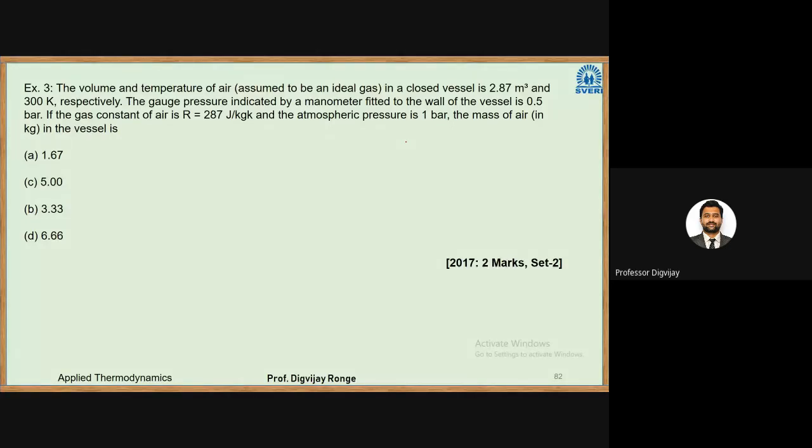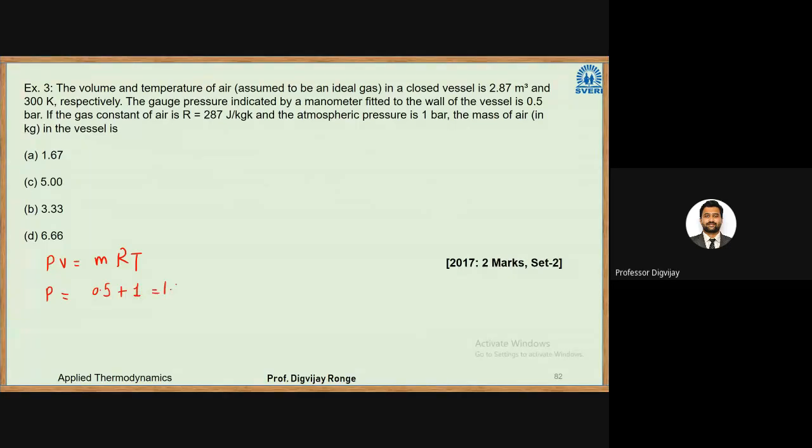Okay, this is purely based on the ideal gas equation, PV is equal to MRT. So calculate. Calculate the pressure first. Here gauge pressure is given as 0.5 bar, plus we have to add the atmospheric pressure, that is 1 bar.